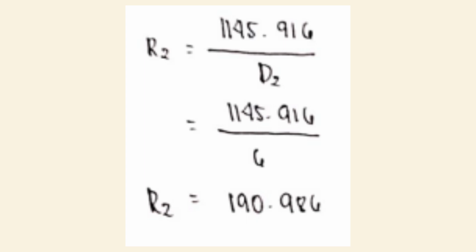Our radius on arc basis would be computed as 1145.916 over the degree of the curve. Substituting the values, we have 1145.916 over 6 degrees.